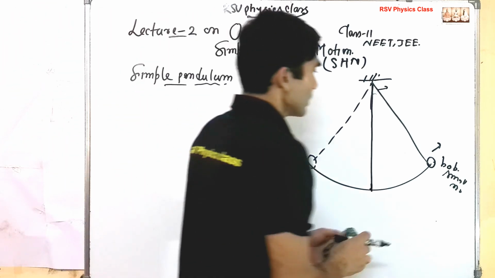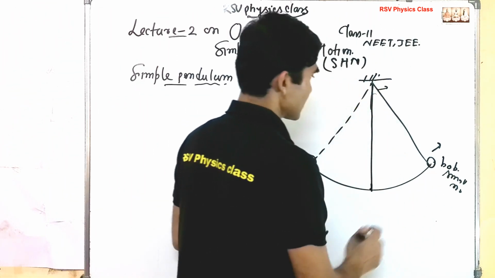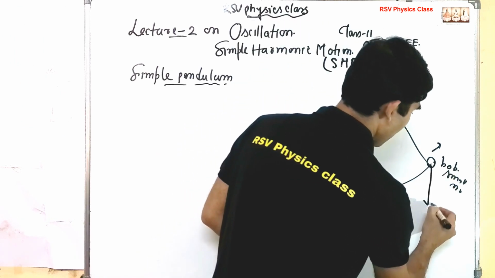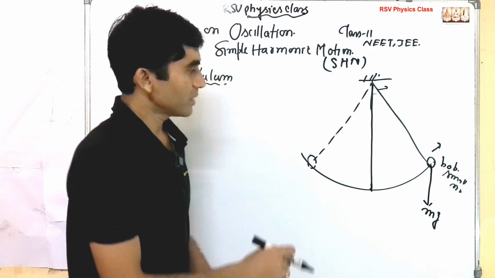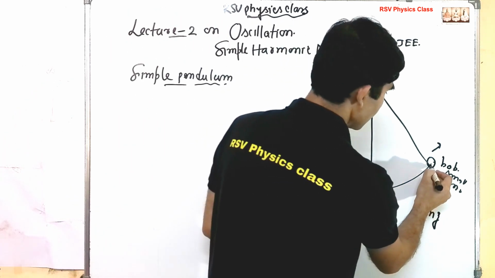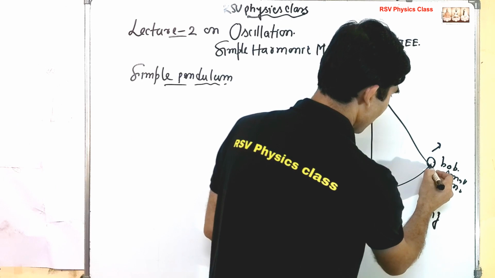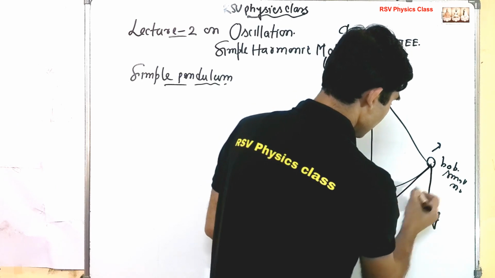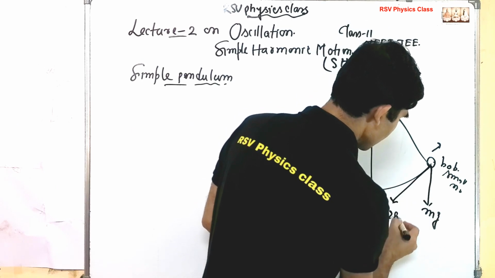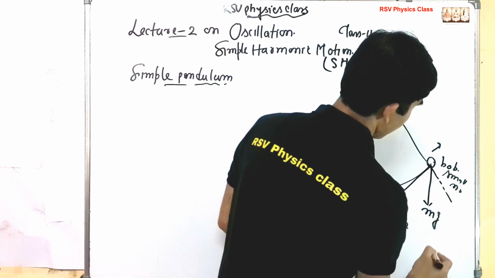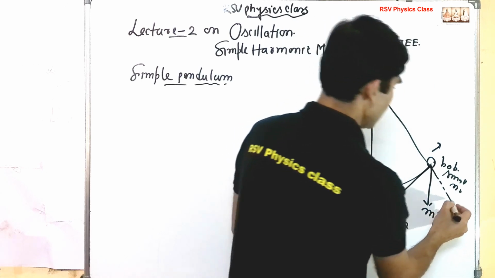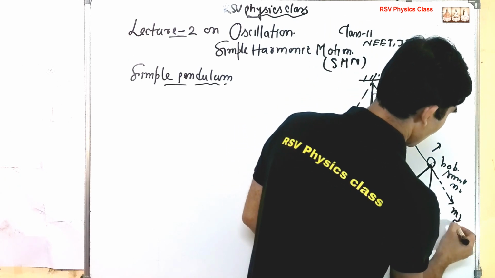Okay, now this is the simplest expression. This is your mass, mg is working here. So there is the component mg sin theta and there will be mg cos theta.